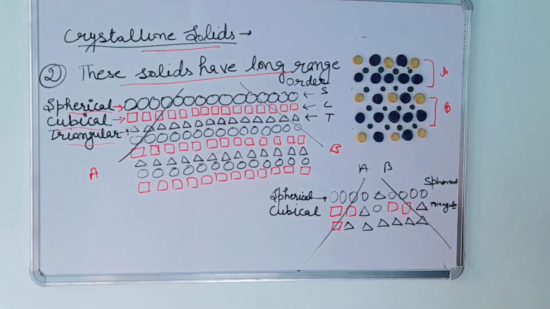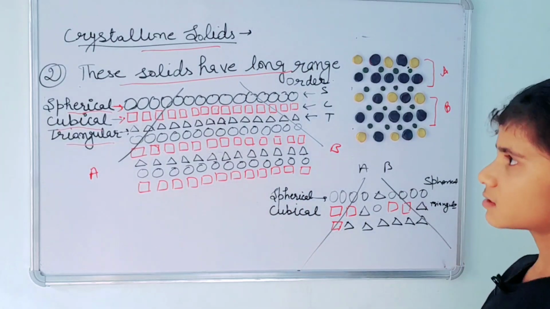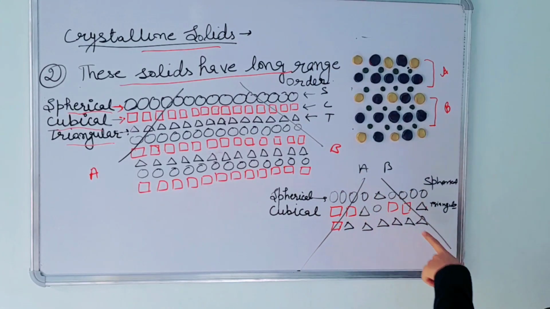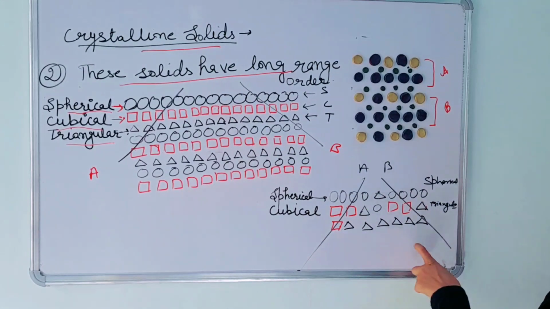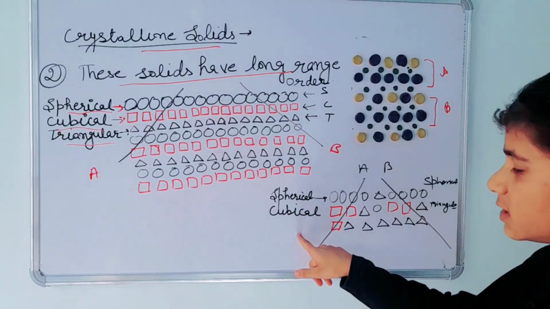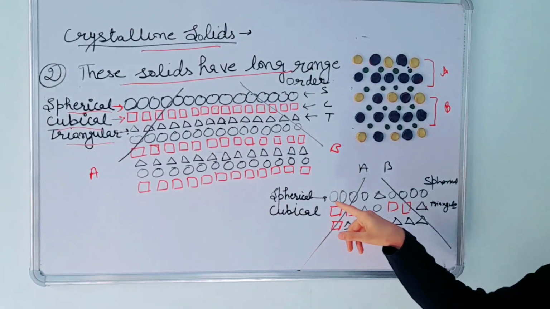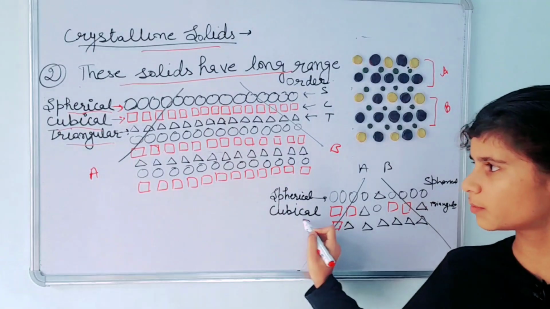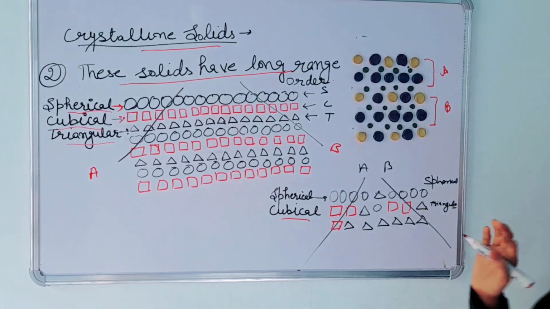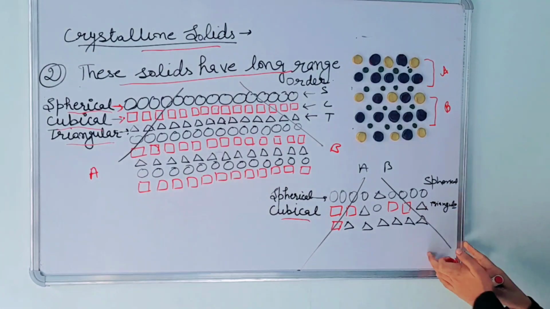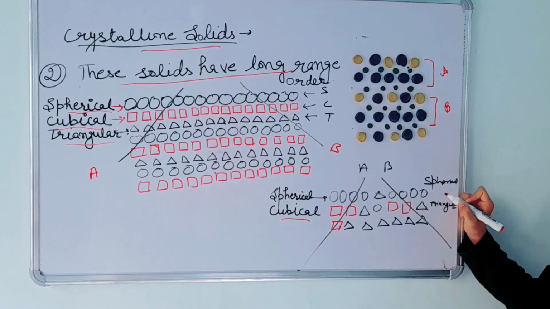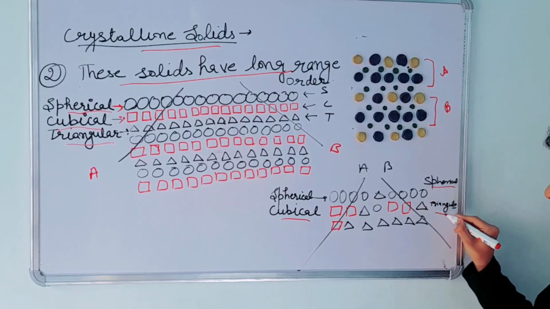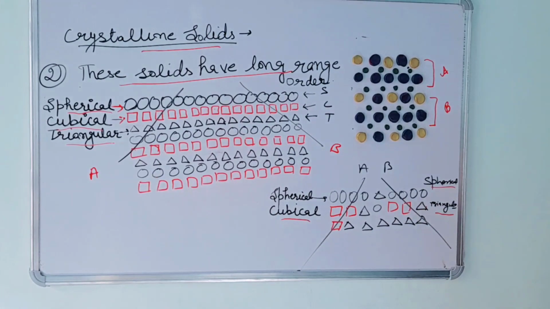On this side these are all the same. If you see in this situation, I have cut from two sides, cut A and cut B: in one side the first row has spherical particles and the second row cubical particles, and on the other side the first row has spherical particles but the second row has triangular particles.